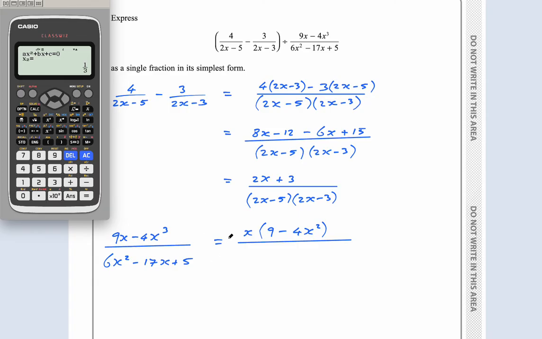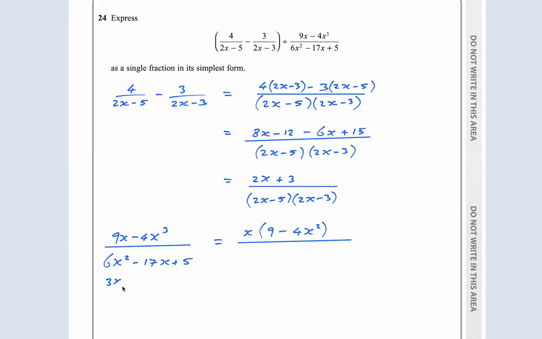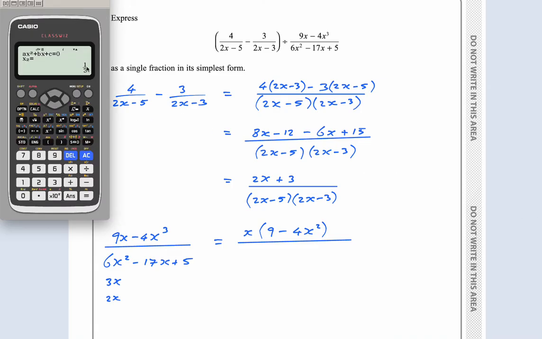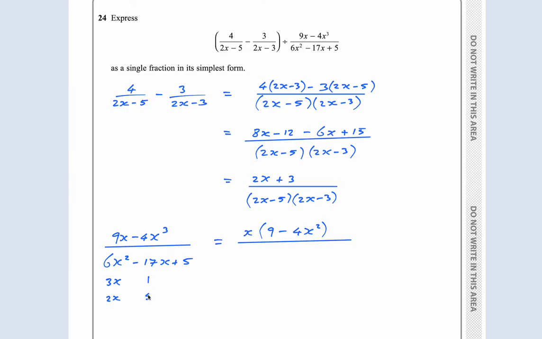So the factors of 6x squared minus 17x plus 5, I know I'm going to use 2 and a 3, so it's going to be 3x and 2x, and I know that it's 1 over 3, so this is going to be 1 and this is going to be 5, and both have to be negative, so these are the factors: 3x minus 1 times 2x minus 5.